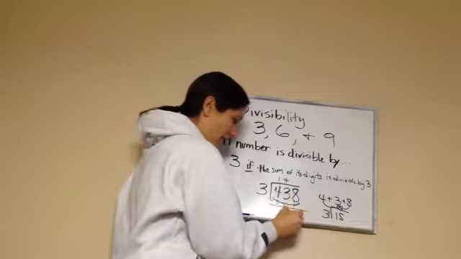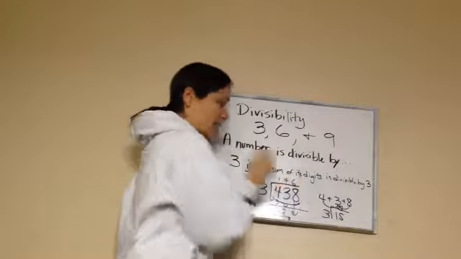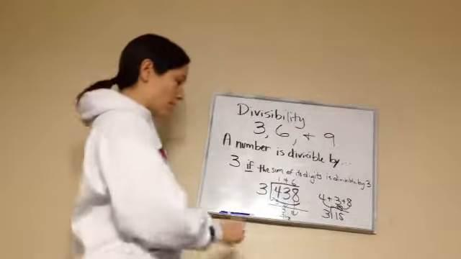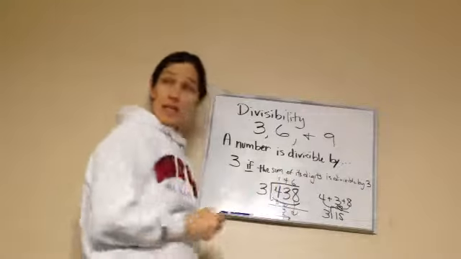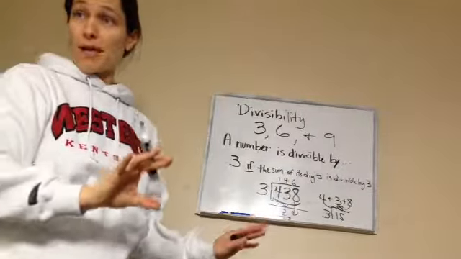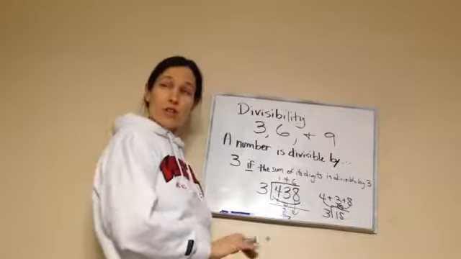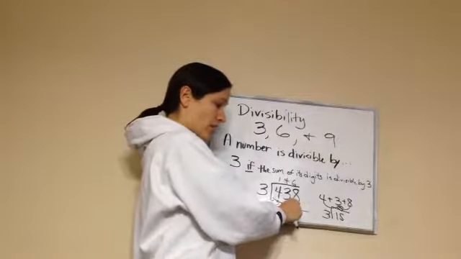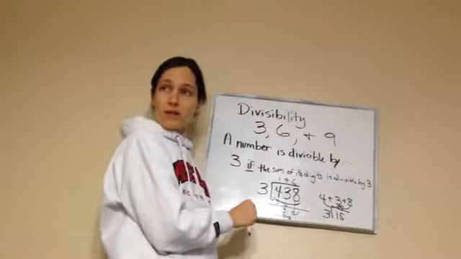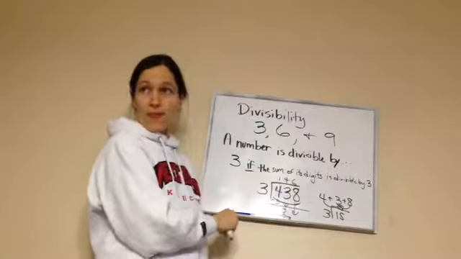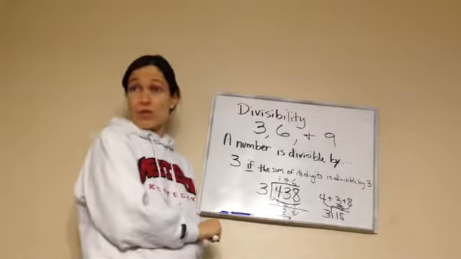Bring down the 8. 3 will go into 18 6 times. And 6 times 3 is 18. So, we do get a solid number without any remainders. Okay? So do you see how it's much easier just to add those up and say, will 3 go into that, than actually having to work it out? It's actually a trick to see, will this work?